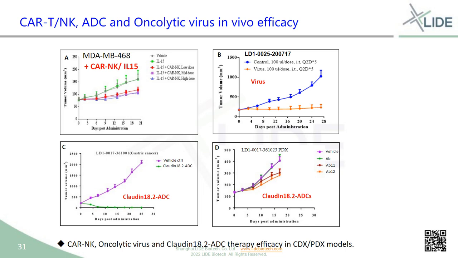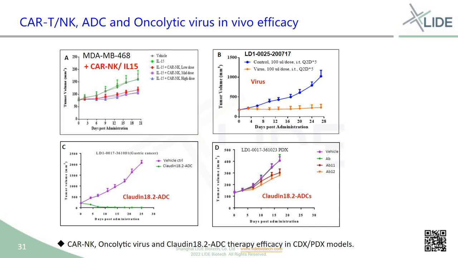We also have some data from oncolytic viruses, which could efficiently kill tumor cells by boosting the immune system, such as overexpressing IL-12, IL-15, and IL-15 receptor, and some anti-PD-1 antibodies in the virus genome.